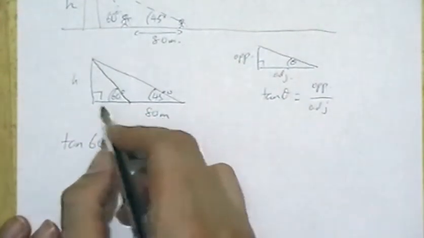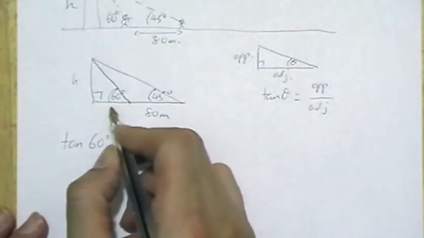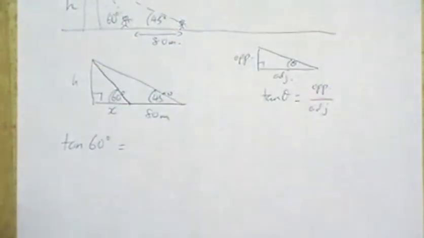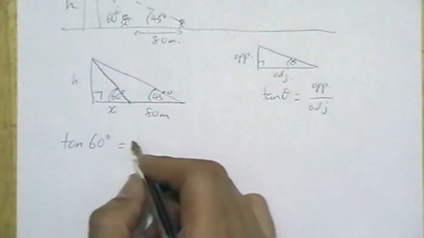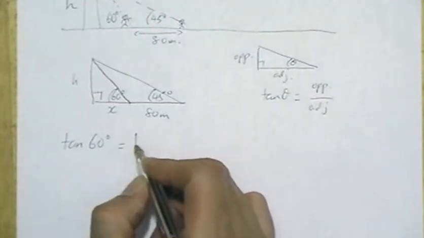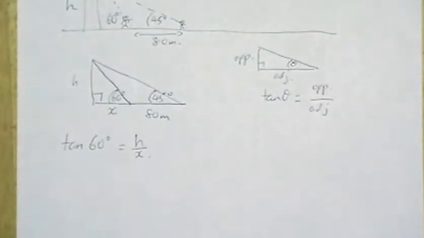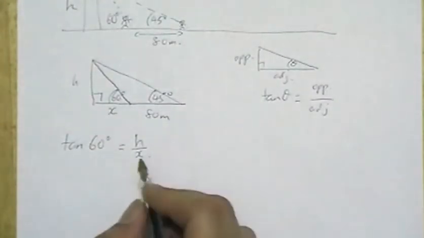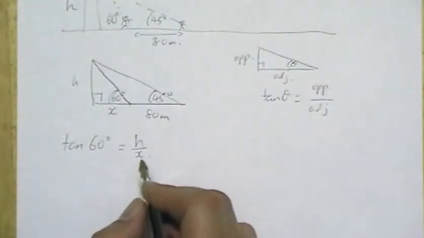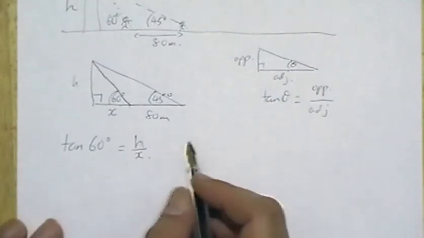So if you don't know what it is, let it be x. That's what we do in algebra. So tangent 60 degrees is then h over x. And hopefully we can either find x or get rid of it afterwards.